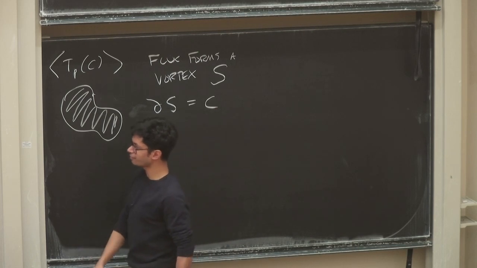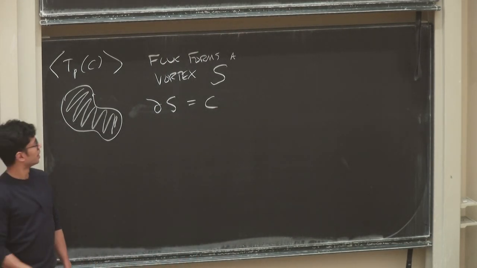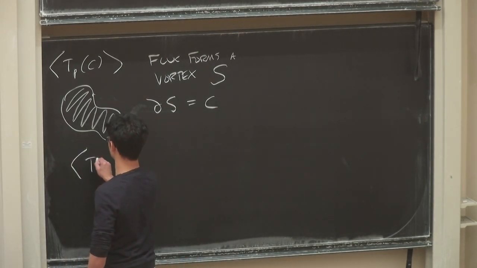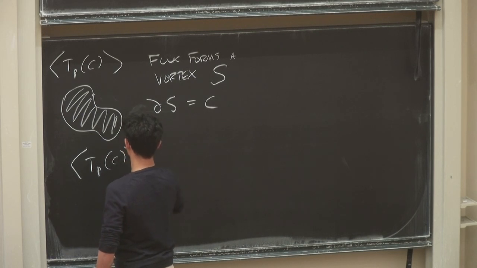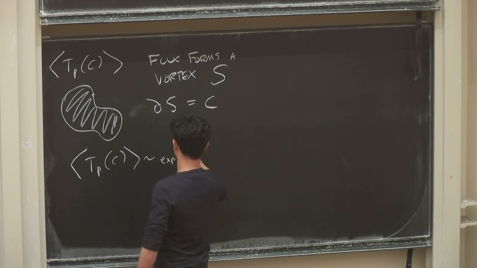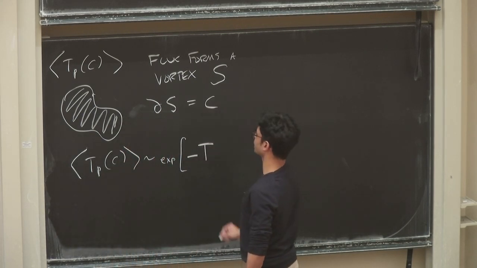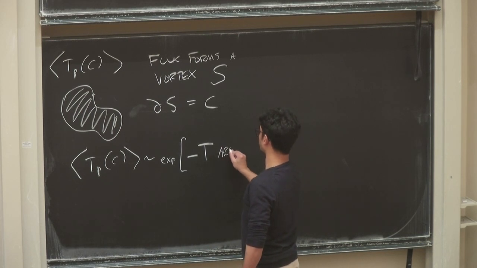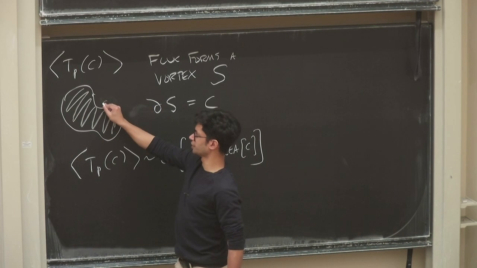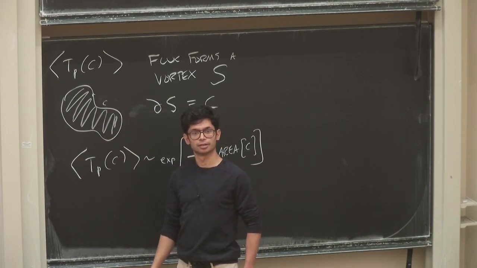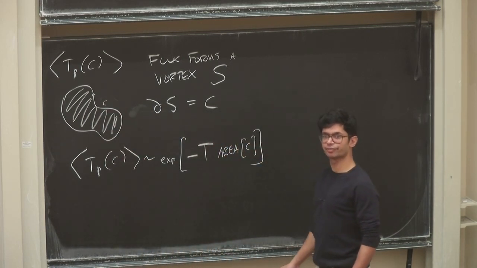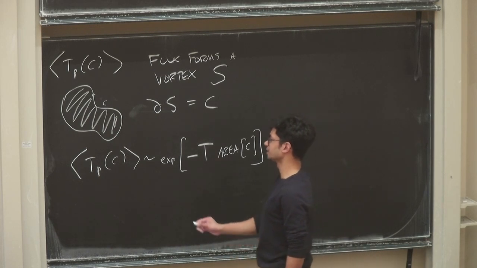This vortex is very heavy, it has a tension, and therefore the expectation value is going to go like the tension of the vortex times the area of the world sheet, which is, of course, the area bounded by this curve C. So the point of this is that in a Higgs phase, the 't Hooft line has an area law.